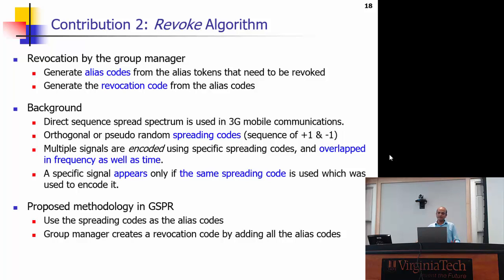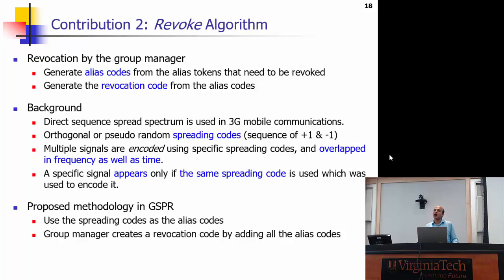So we looked into different types of mechanisms that could do that, and we looked into direct sequence spread spectrum, which is used for 3G mobile communications. Many of you know that there are different types of codes that are used to cancel the interference in the system. At the downlink you have orthogonal codes, and at the uplink you have pseudo-random codes in DSSS systems. They are used so that multiple signals are overlapped over each other in time and frequency.